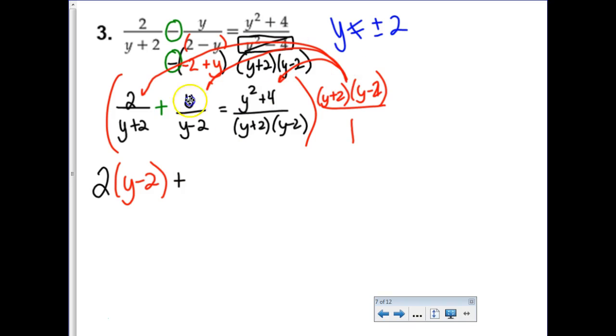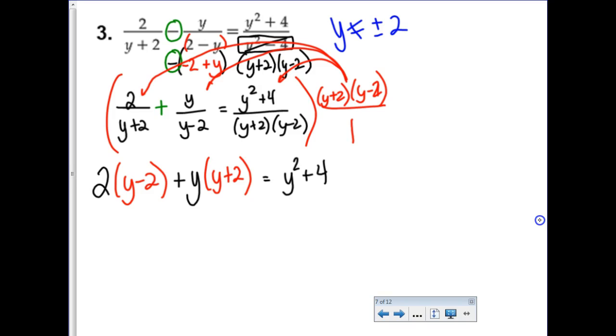When I go to this next term, remember that's not a plus sign, the y minus 2's will cancel. And you still have a y from the numerator and a y plus 2 from the LCM. And then when you distribute the LCM to the last term, both the y plus 2 and the y minus 2 are going to cancel out. So all you have left is the y squared plus 4.